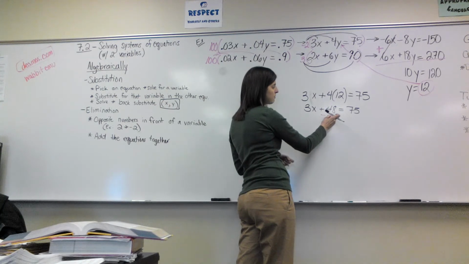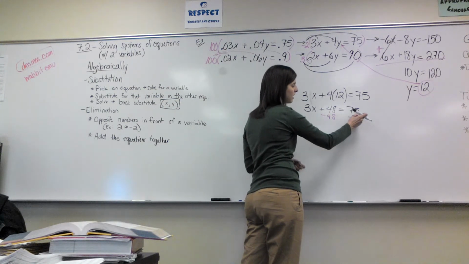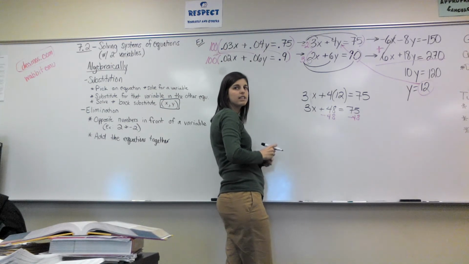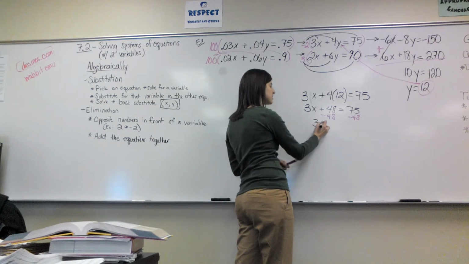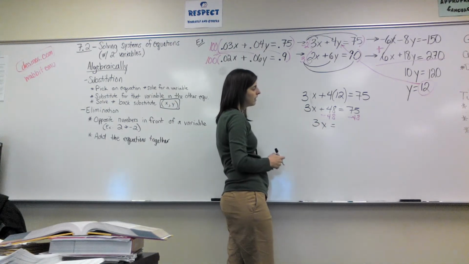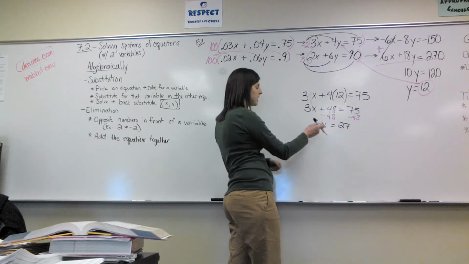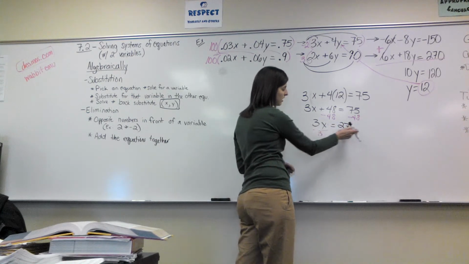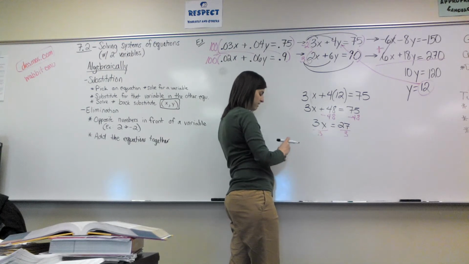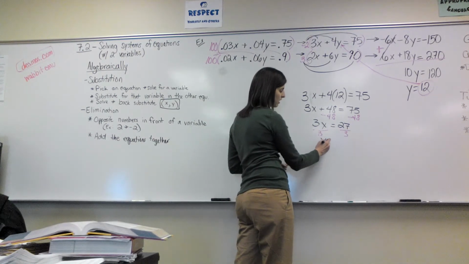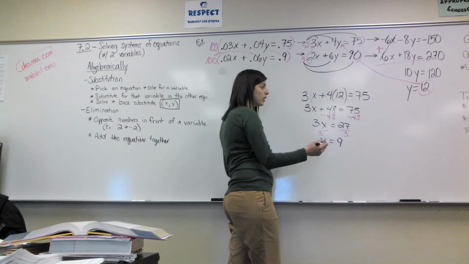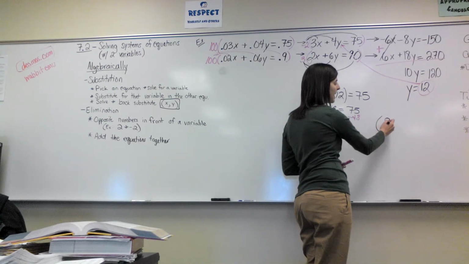Subtract 48 from both sides. Okay, so 3x equals 27. Divide by 3. 9. And x equals 9. Absolutely. Okay, your answer is the ordered pair 9, 12.